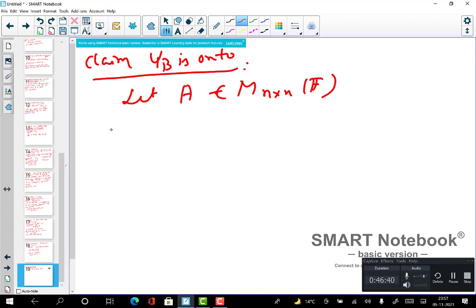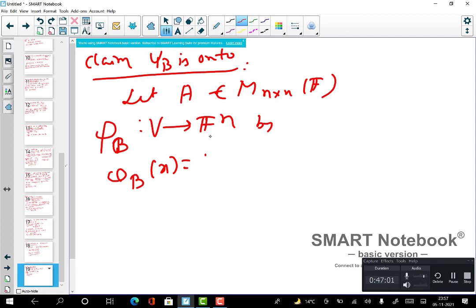given any basis B, we can define the coordinate maps. What are the coordinate maps? The psi of B is a map from V to F^n that sends a vector to its coordinates. So psi B of x is an element of F^n.